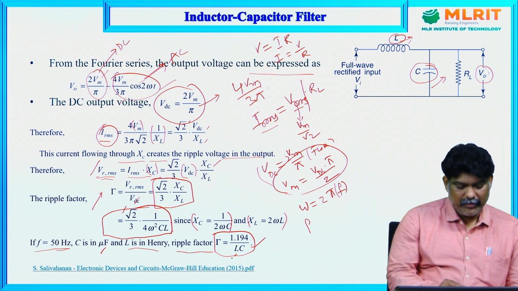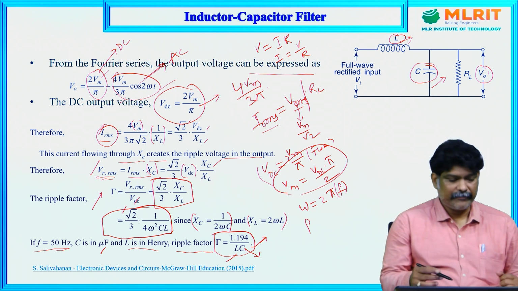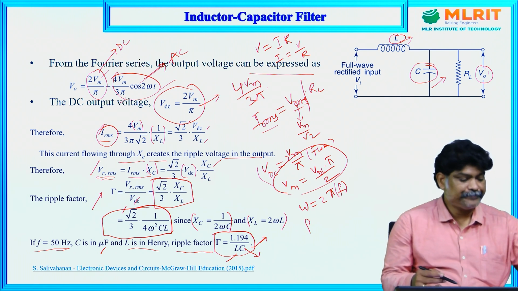So if you know the inductor value and capacitor value, you can find the ripple factor. That means it shows how many ripples are present in the rectified filtered output.